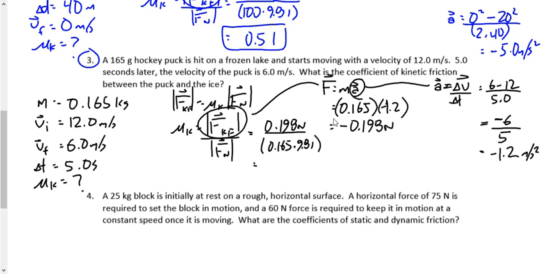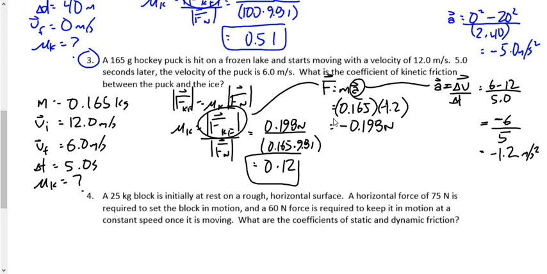Do that, we get a value of 0.12, and there are no units associated with that, just 0.12.